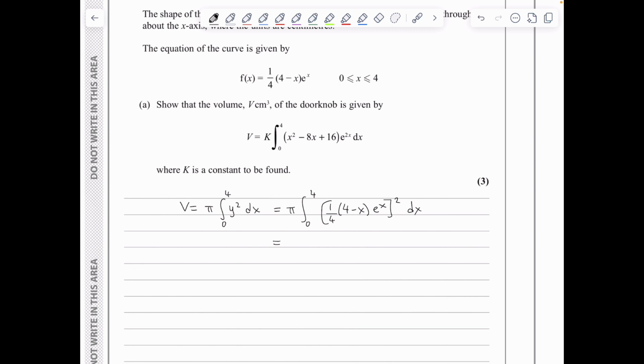So I will proceed in expanding within the integral. We're looking at 1 over 16. The 4 minus x all squared will give me 16 minus 8x plus x squared, and the e to the x squared is e to the 2x dx. I will take the 1 over 16 out, so this leads to pi over 16 times the integral from 0 up to 4 of x squared minus 8x plus 16 in brackets times e to the 2x dx.